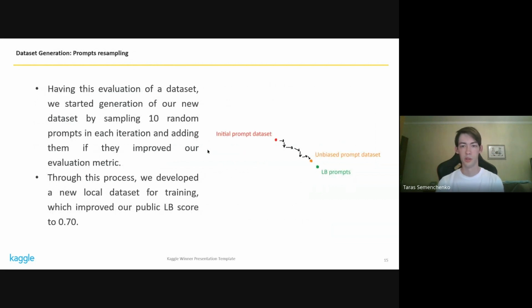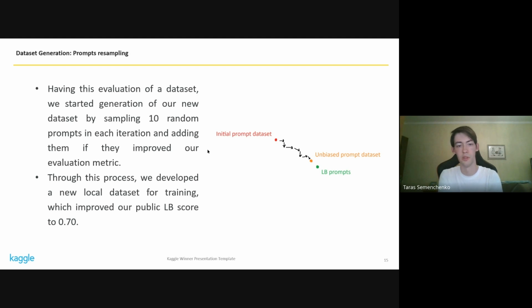Yeah, and actually, to generate our new dataset, this process is similar to generating the prompt. We just train our training dataset. To do so, we took a sample of 10 random prompts in each iteration, and we added it to our new dataset if it improves our evaluation metric.